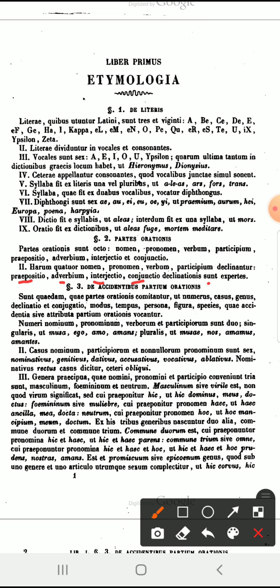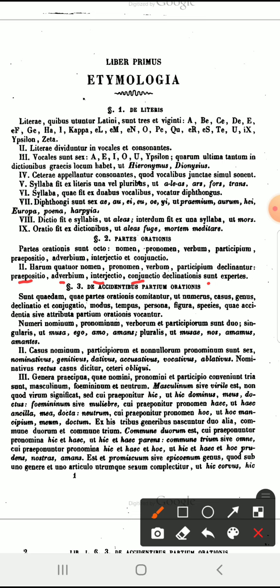So these last 4 parts of speech, preposition, adverb, interjection, and conjunction, are free of declension. They do not have different forms. So when we learn a preposition, we'll learn one word, and that's the only form that that word exists in. It's a simple vocabulary item with a meaning. The same is true for adverbs, interjections, and conjunctions.